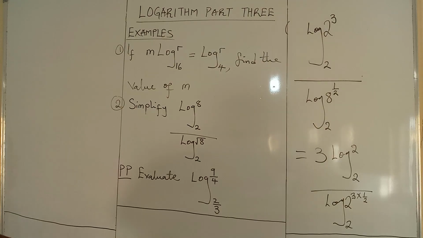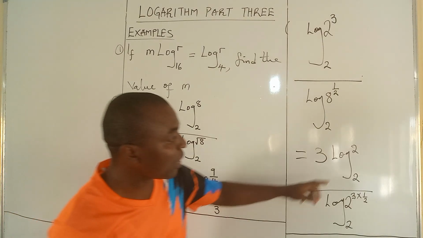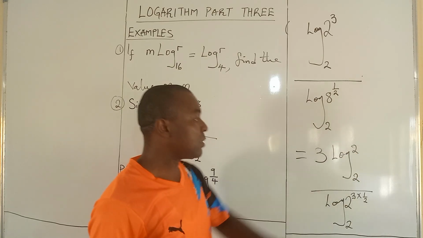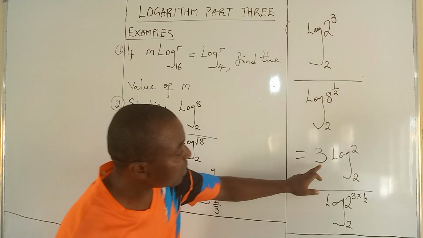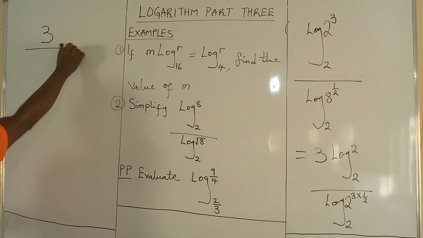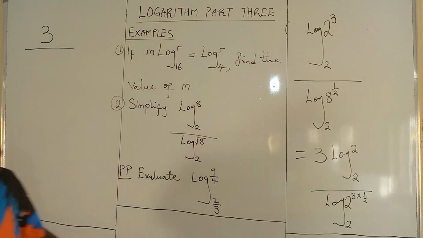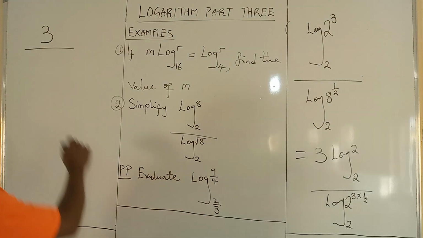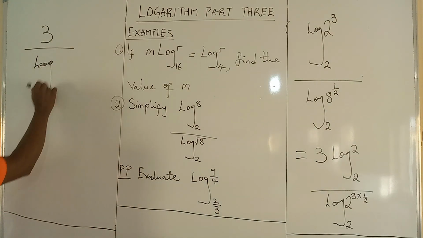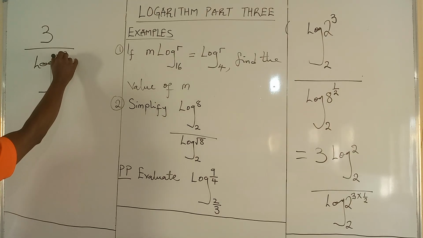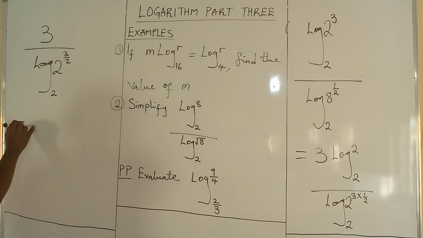Remember, still from the laws of logarithm, the log of a number to the same base is 1. So what I'm having here is 3 times 1, which will be 3, all over log 2 raised to the power of 3 over 2 base 2.